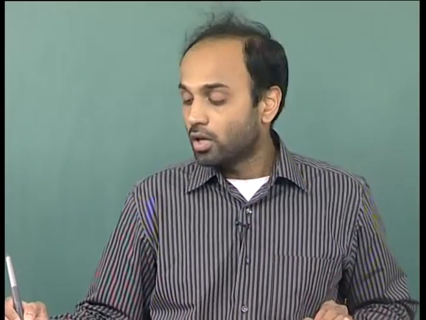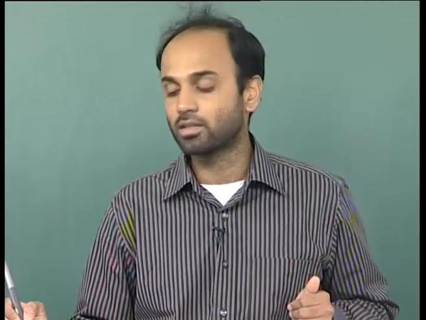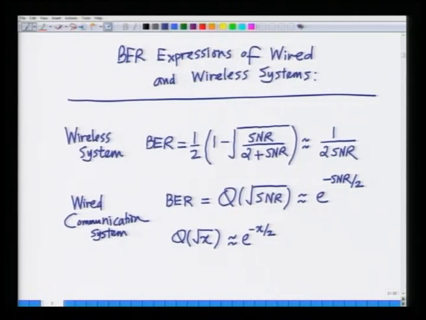over 2. So, now you can see the difference between the bit error rate performance of a wired communication system compared with a wireless communication system. In a wireless communication system, the bit error rate is 1 over SNR. So, it is decreasing only as 1 over SNR, but in a wired communication system, the bit error rate is e power minus SNR.